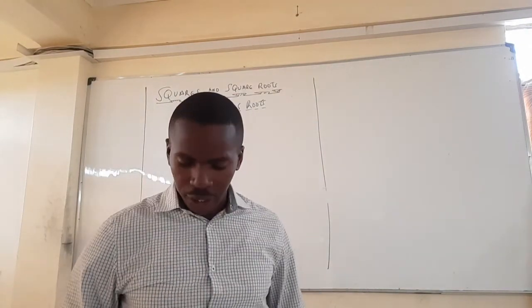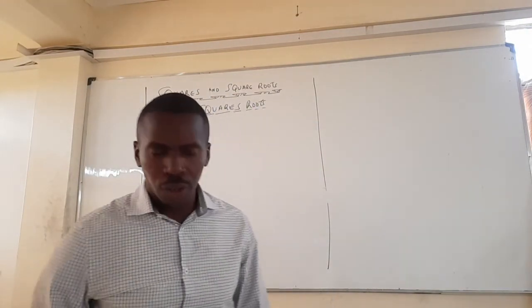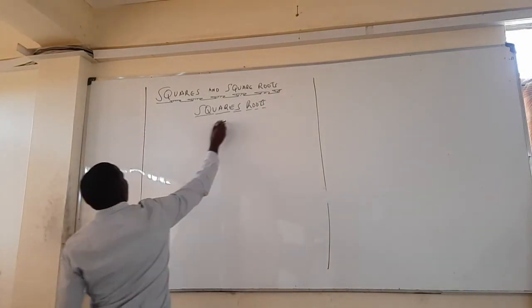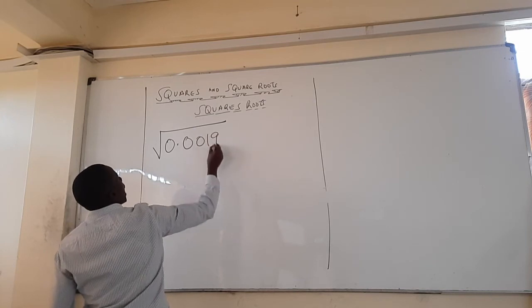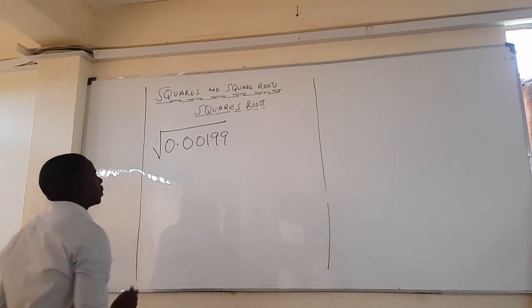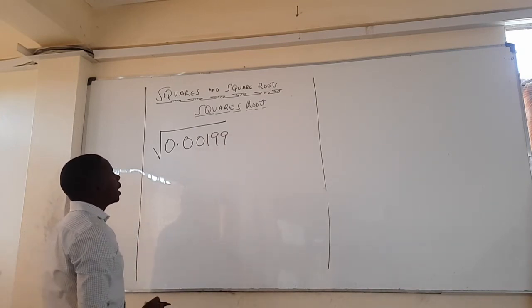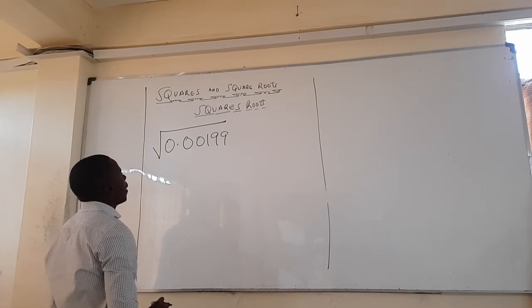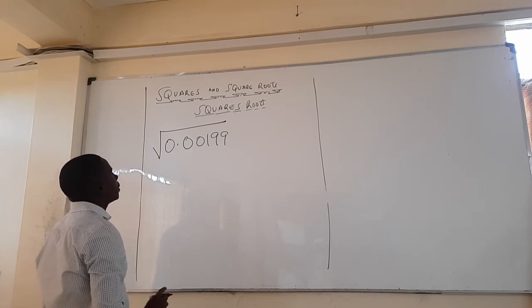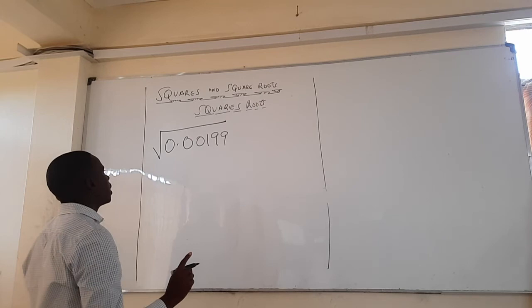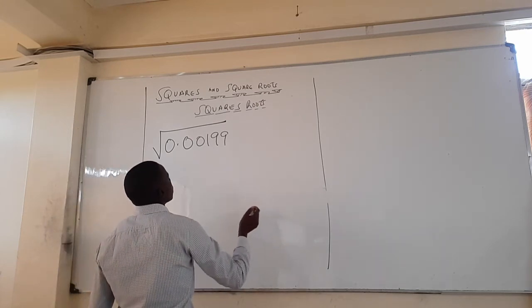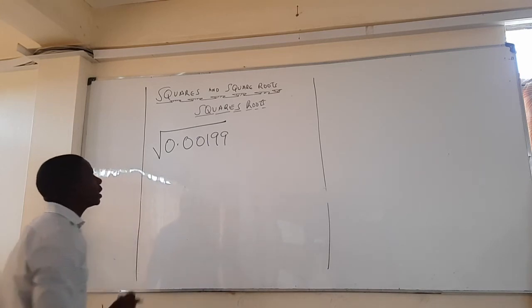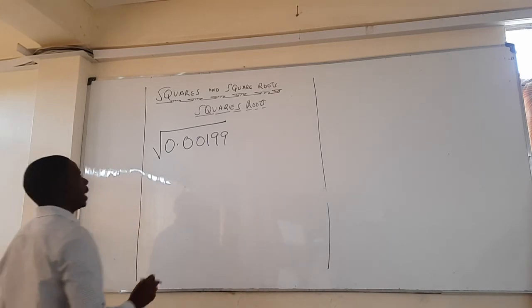Lastly, we have this kind of question. For our last example, we are going to have the square root of 0.00199. So we write this number in a form where we are going to use the first table or the second table of the square root, that is, the table of numbers between 1 and 10 or 10 and 100.